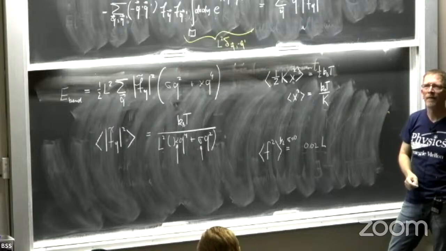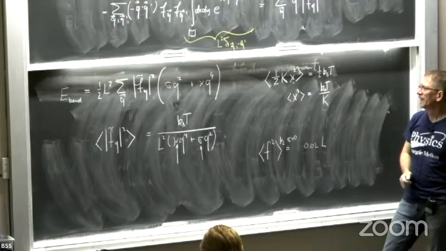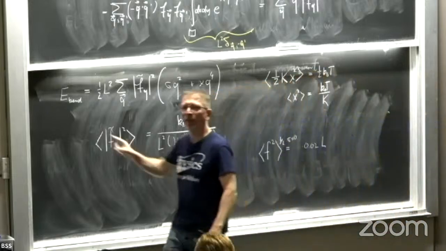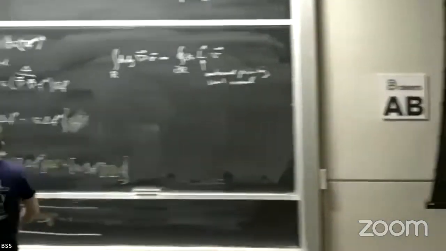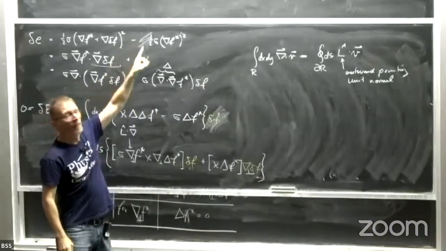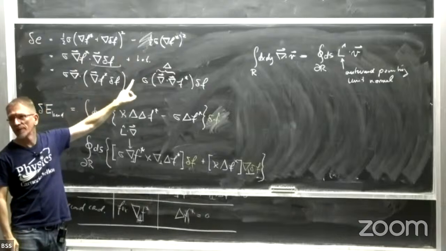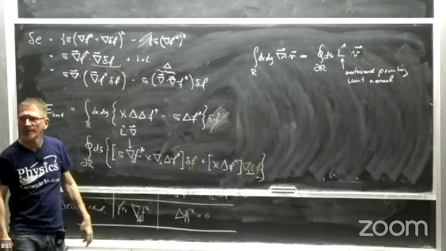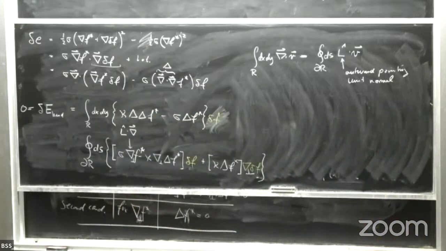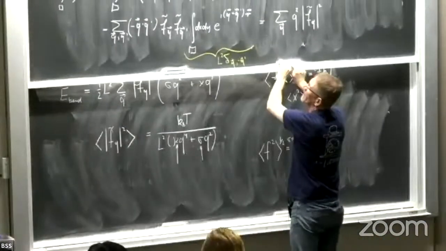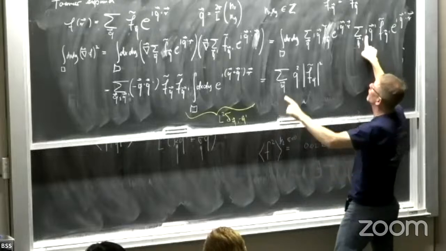Why the sign on the square gradient, the Gaussian thing where you transform? Why is there a plus here but a minus there? There's a plus in the energy, but there's a minus in the Euler-Lagrange equation. You have two factors of i, one here, one here.